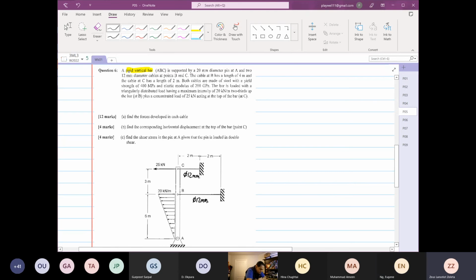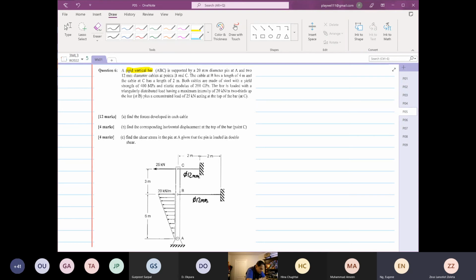The cable at point B is 4 meters long, and the cable at point C is 2 meters long.